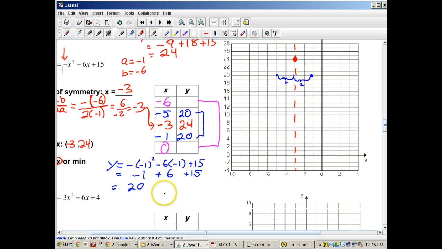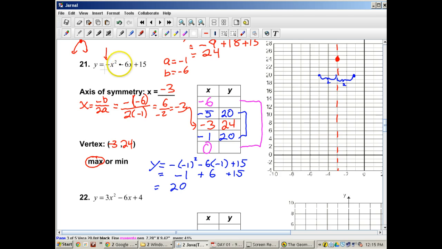I don't have to do all this work again just to find out it's the same number just like before. All right. Plug in 0. What do you get when you plug in 0? Yeah, 15. Don't really need to show work on that. 0 minus 0 plus 15 is 15. Anytime you plug in 0, your answer is always just C. That's also called the y-intercept, by the way.